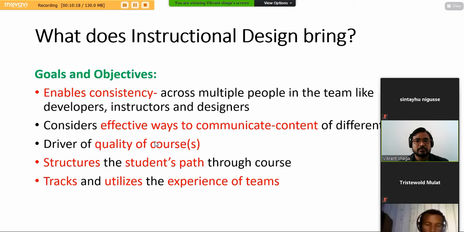Like I told you, these three people, developers, instructors, and designers, are very important for sharing their experiences about a particular course that they have designed in the past. So this is the goal and objective of instructional design.